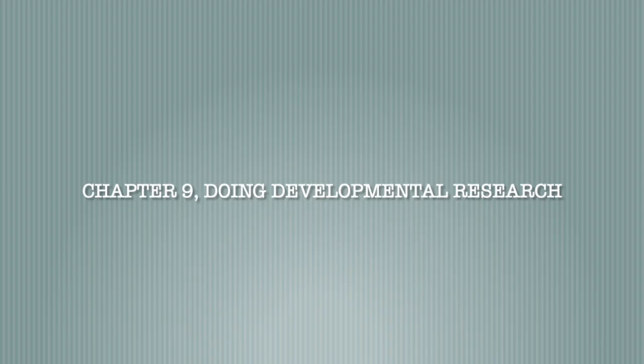Editing. Again, we're on page 144 of Doing Developmental Research. I removed all unnecessary words and phrases from my manuscript. I carefully reread the manuscript at least 2 to 3 times, looking for typos and errors.